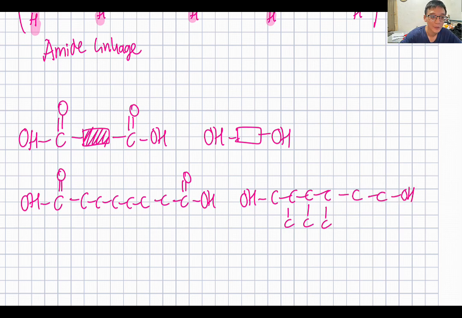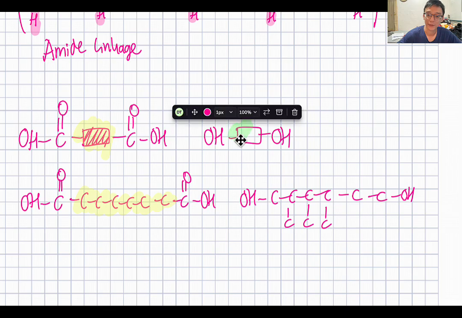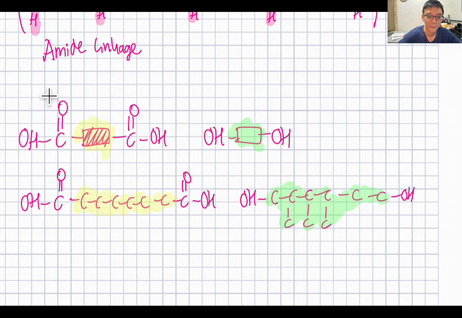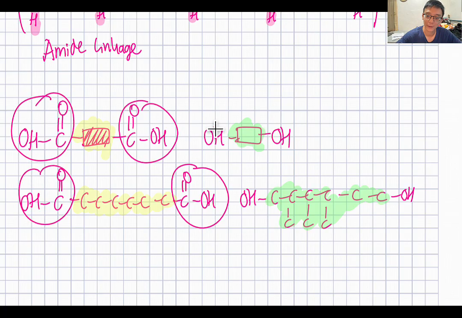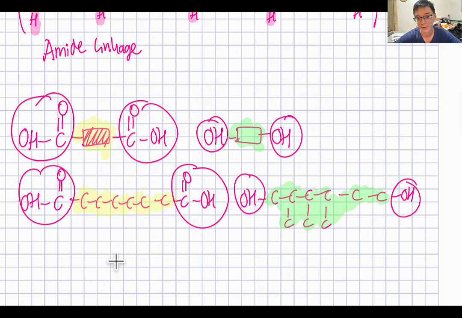So it's super lengthy and exhausting to draw all of this, right? So we just replace it with a black box sometimes. Then this white box, maybe replacing something like this. But we still draw the functional group so that they will be intact, because they will be the connecting linkages between polymers, between monomers.